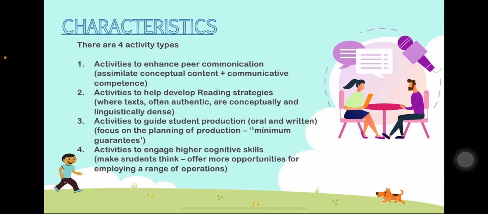This means how long, in terms of density, the lesson is going to be. Number 3, we have activities to guide the students' production. This one focuses on oral and written skills, which focus on planning of production, but it guarantees minimum results, obviously. Number 4, we have activities to engage higher cognitive skills that make students think and offer more opportunities for employing a range of operations.